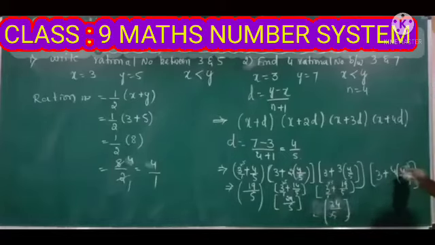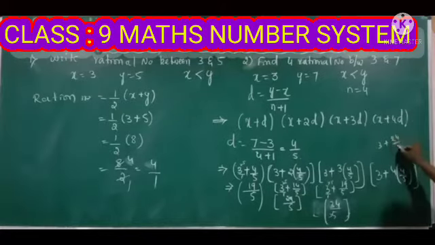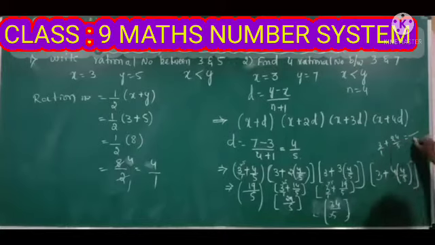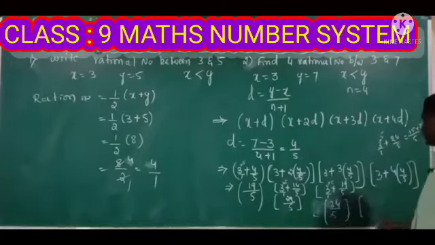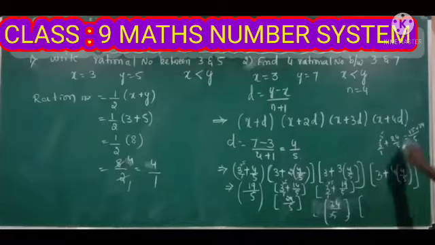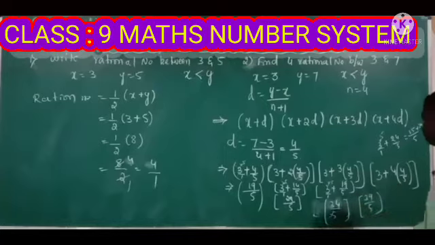And next one, similarly calculate this one. 3 plus 4 times 5 is 20, 20 plus 4 is 24 divided by 5. The LCM of these two is 5. 5 times 3 is 15, 15 plus 24 is 39 by 5.